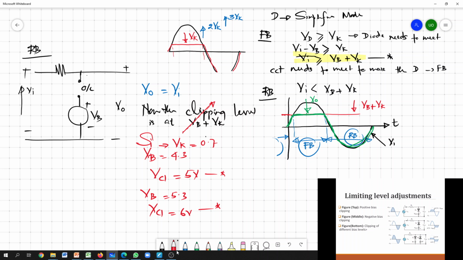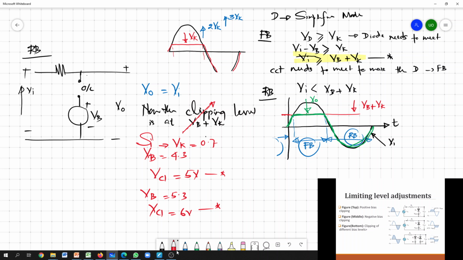Rather than putting a series set of diodes, you can introduce a variable DC source, and once you adjust the value of the variable DC source, you can adjust the clipping level of the diode. If you want to make it 6 volt, you set the biasing voltage to 5.3. If you want 5 volt, you set the biasing voltage to 4.3.